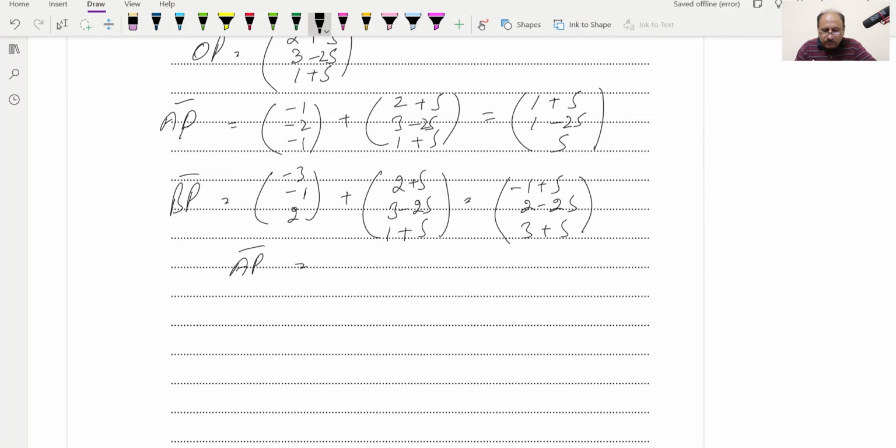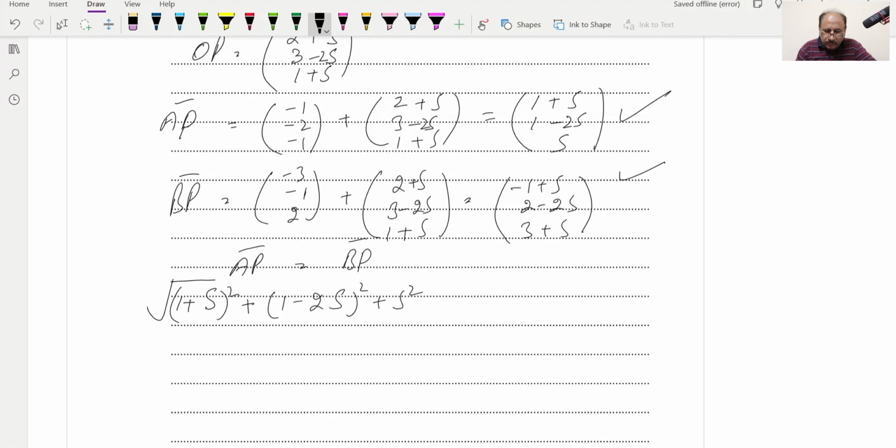AP vector is equal to BP vector, so we will take the magnitudes of these two and compare. This will be the root of (1 + s) squared plus (1 - 2s) squared plus s squared, equal to the root of (-1 + s) squared plus (2 - 2s) squared plus (3 + s) squared.